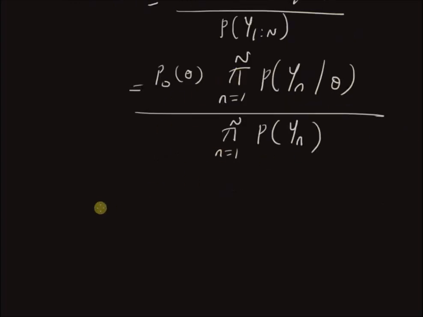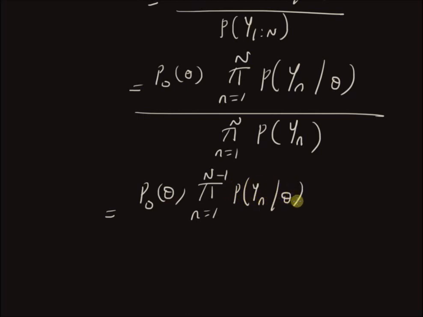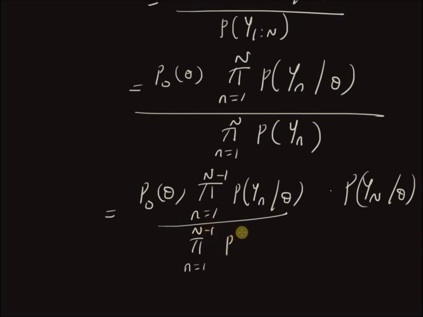And this can be easily written as P naught of theta multiplied by the product n equal to 1 to n minus 1 P of yn given theta and P of yn, that is the likelihood of the latest measurement, divided by the product n equal to 1 to n minus 1 P of yn multiplied by P of yn, that is the evidence due to the latest measurement.